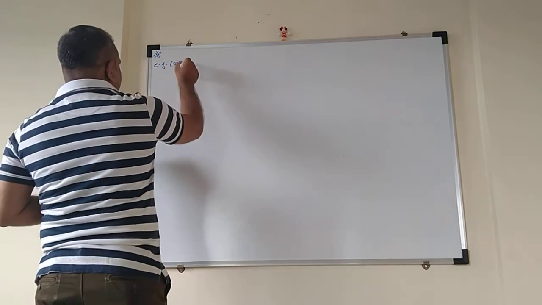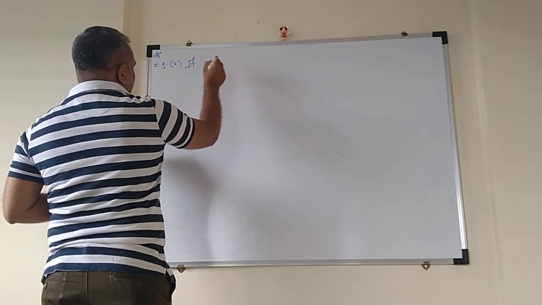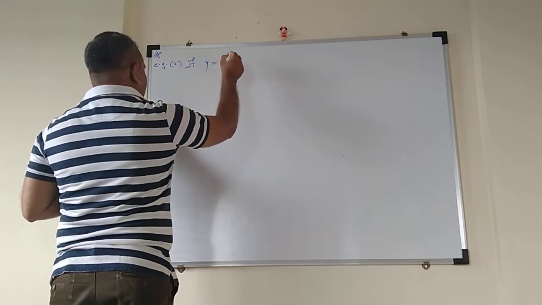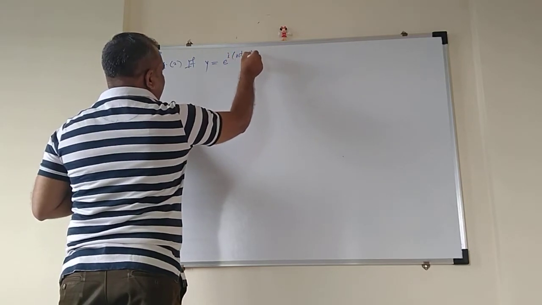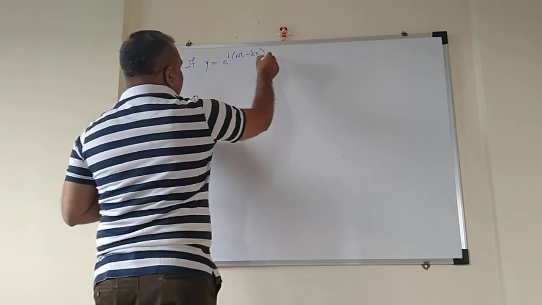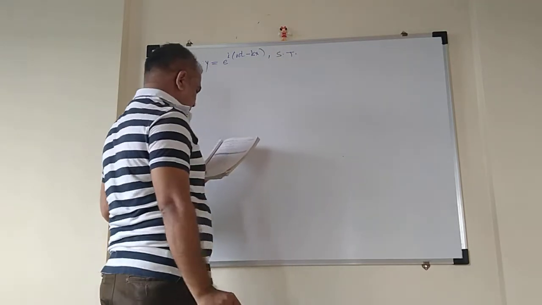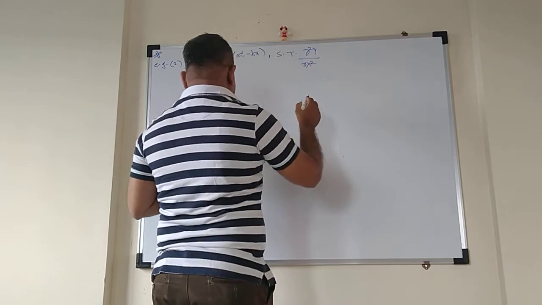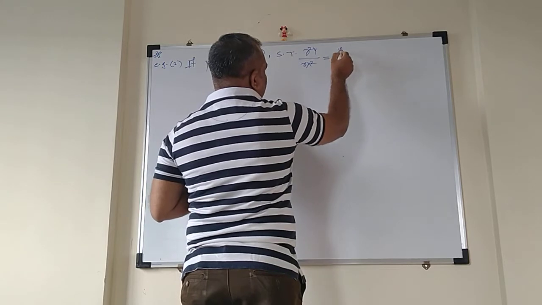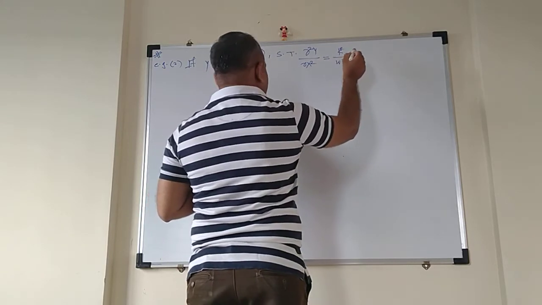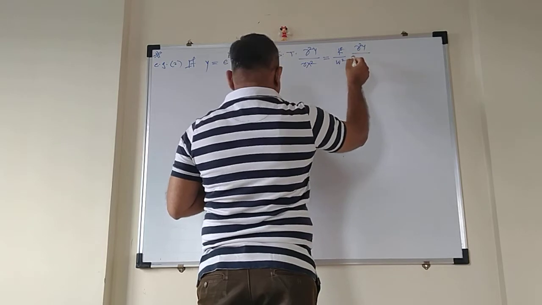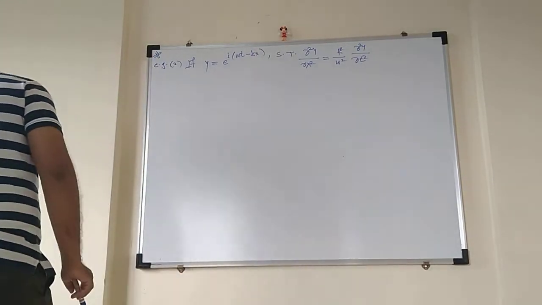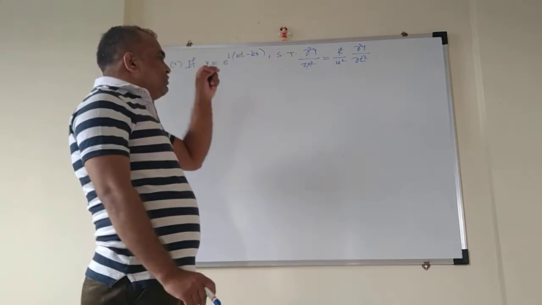The problem is: if y is equal to e raised to i(omega t minus kx), then show that del 2y by del x square is equal to k square by omega square into del 2y by del t square. You have to show this. Let us try to solve this problem.